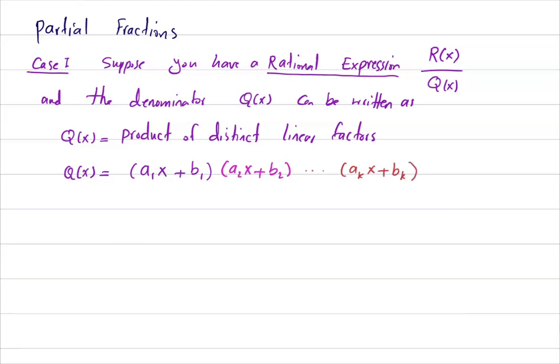If the denominator can be written this way, then you can divide up the rational expression into partial fractions this way.